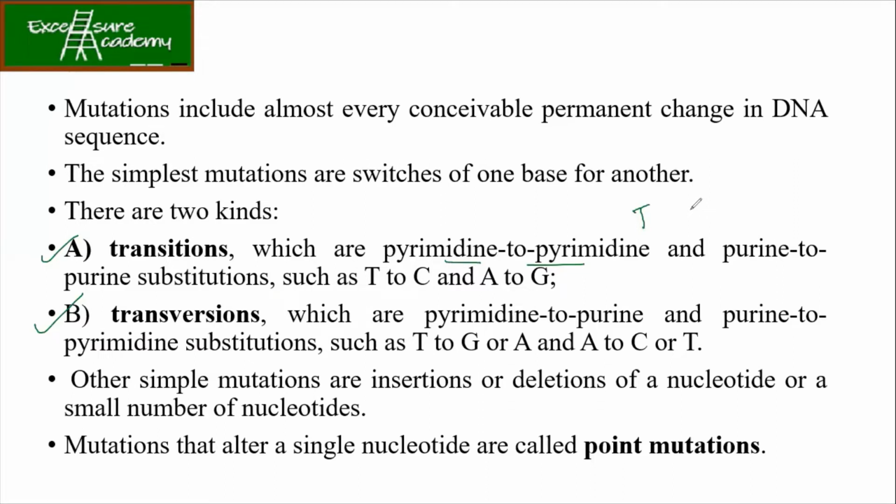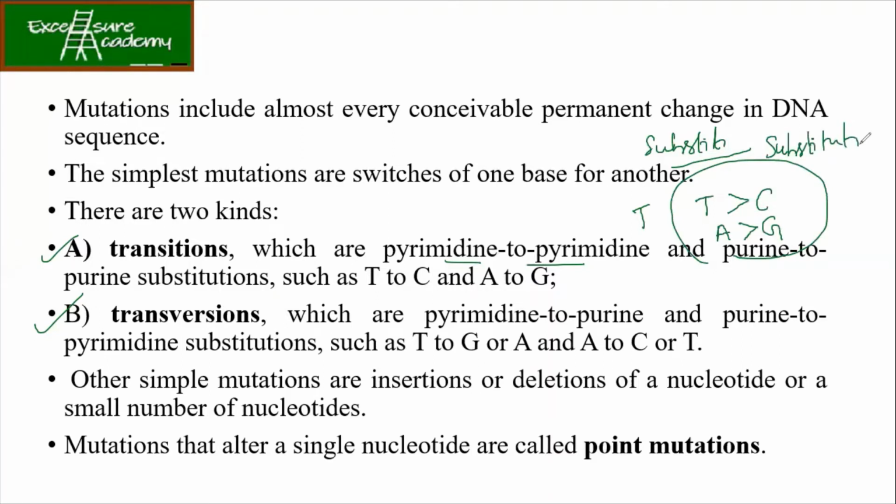Now, when you represent any substitution mutation, instead of saying the word substitution, there is a terminology to use: T is getting substituted by C, or A is getting substituted to G. If you write like this, the person should understand that this is a substitution type of mutation.